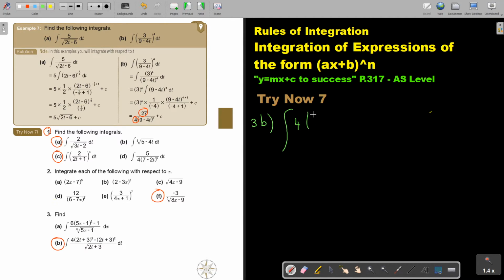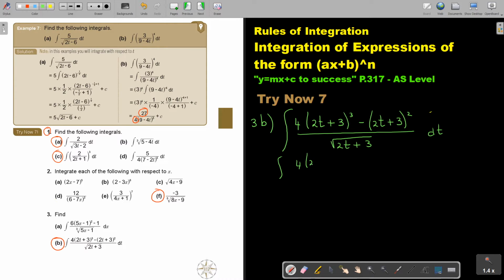And I'm integrating to t again. Okay, and I'm integrating to t. The most important is you first have to get it ready in the correct form. So let's just do this.